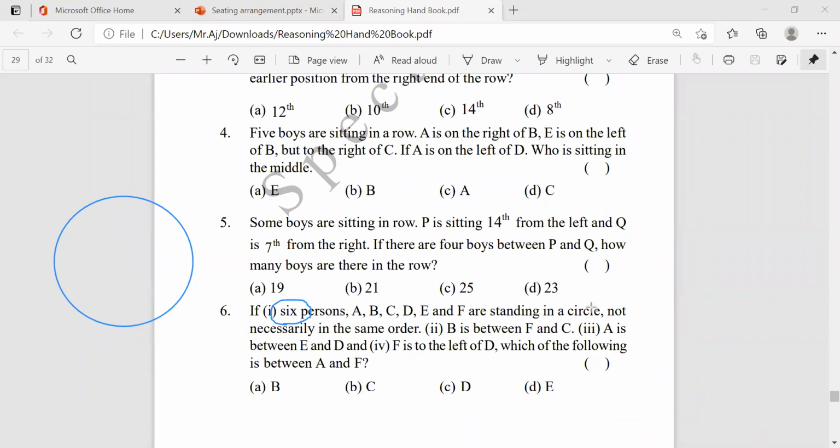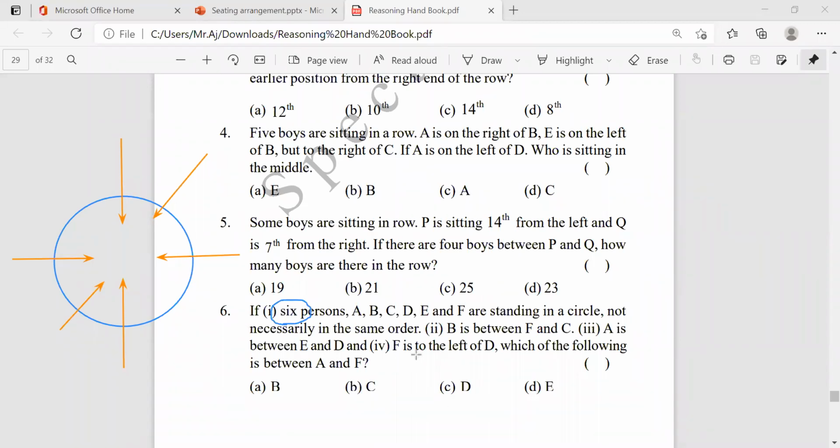They didn't mention the facing, so assume the 6 persons are standing in a circle facing inside. So one person, second person, third person, fourth one, fifth one, and sixth one. Like this they are standing.